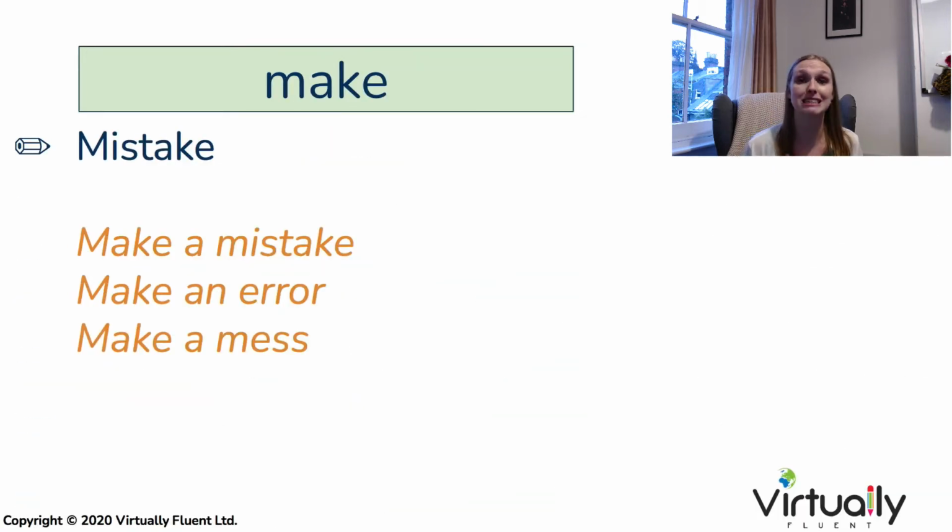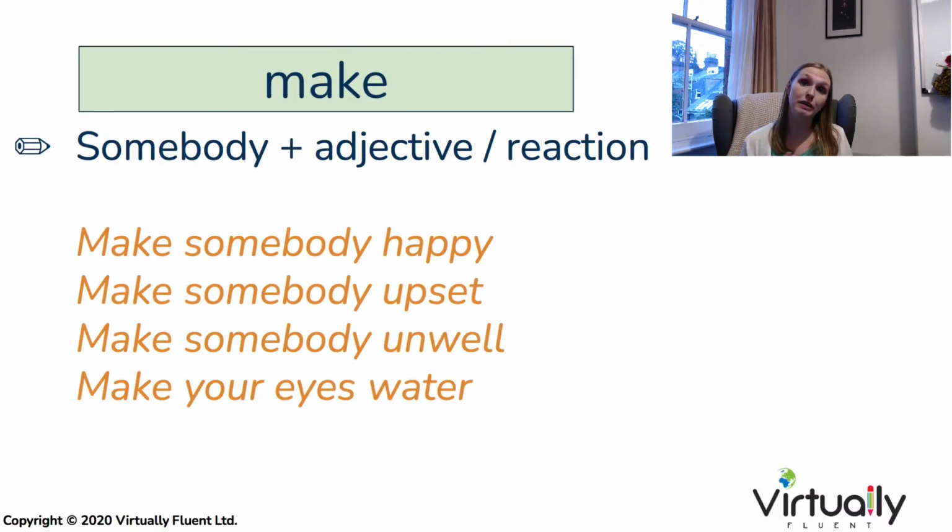When we talk about mistakes, it's also make. To make a mistake, to make an error, to make a mess. When we use this structure, make somebody, plus either an adjective or a reaction, we also use make. To make somebody happy, to make somebody upset, to make somebody unwell.